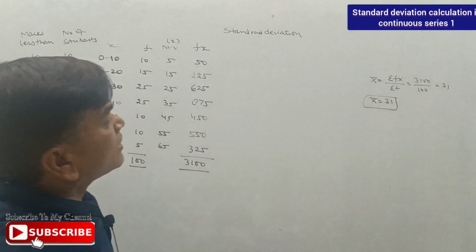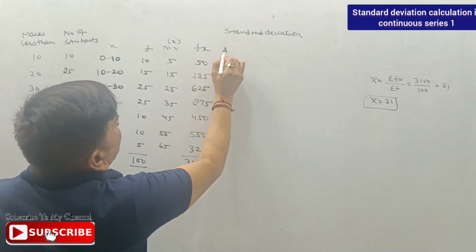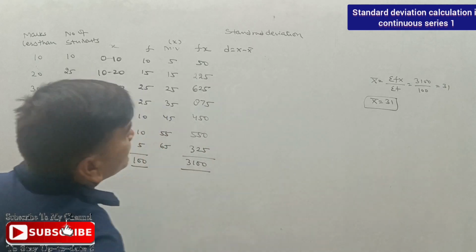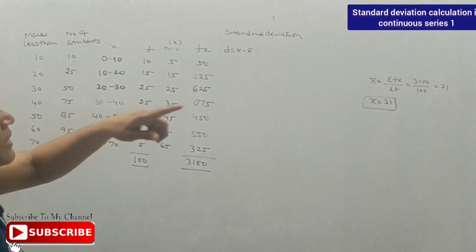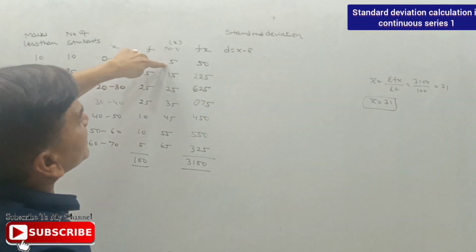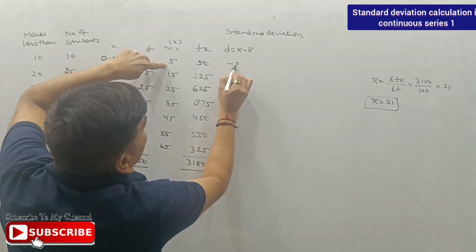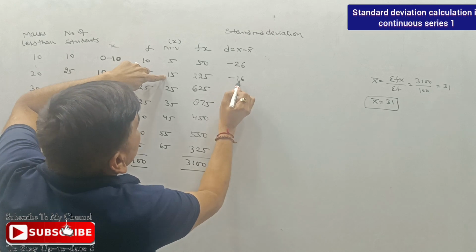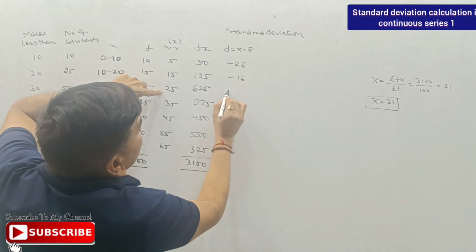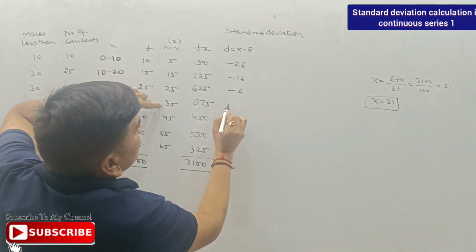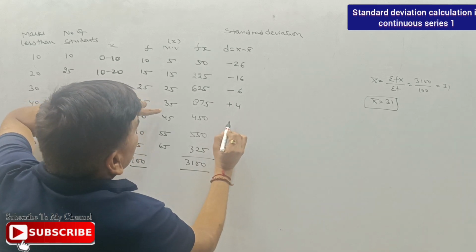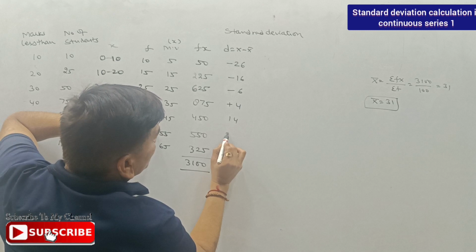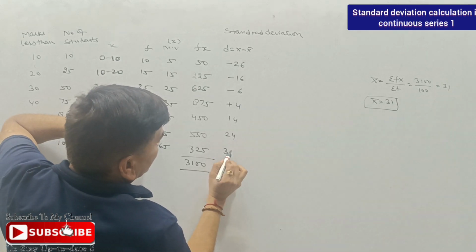Then D, that is x minus x bar, the deviation from 31. So 5 minus 31 is minus 26, 15 minus 31 is minus 16, 25 minus 31 is minus 6, 35 minus 31 is plus 4, then 14, 55 minus 31 is 24, and 34.